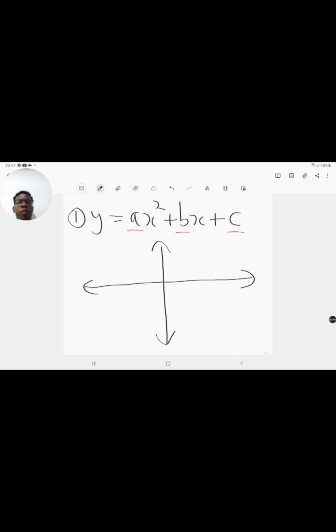Now, your parabolic graph will either have a cup shape, concave up, or it might look like that, going down. So it might have a smiley face, which is the first one that I drew, or a sad face, the reverse of a smile.